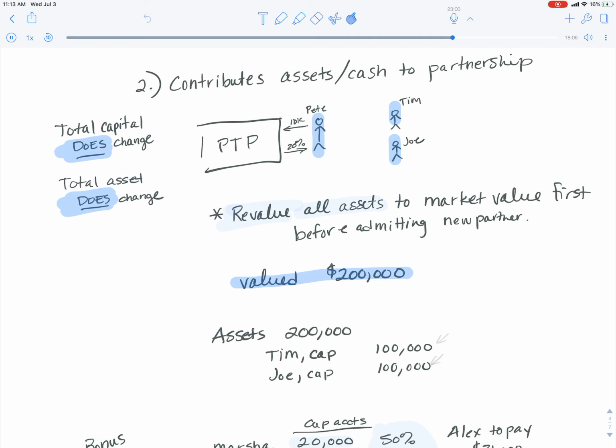So before we let Pete in, we need to revalue all our assets and put that additional $100,000 into Tim and Joe's capital account. That way they get credit for that revalue, and Pete doesn't get any of that before he buys in. That's going to be the first step, revaluing.